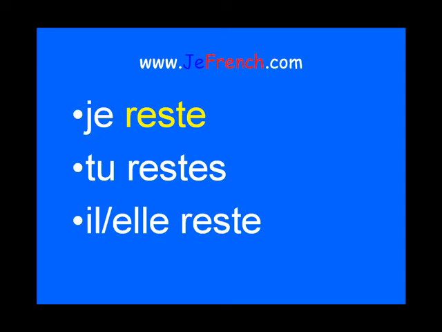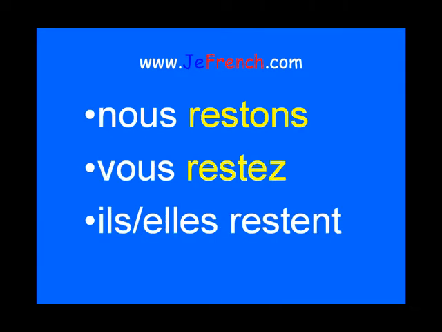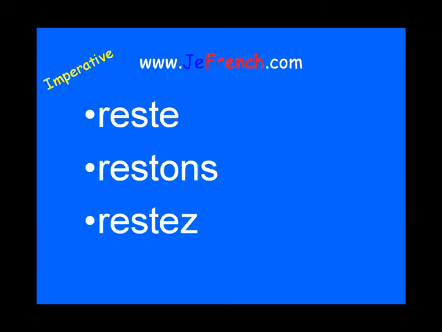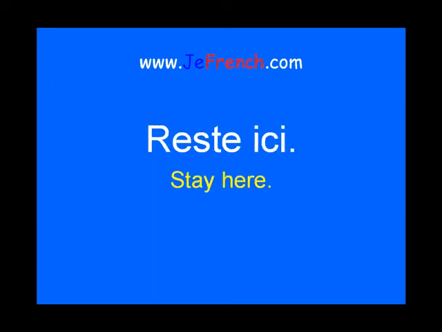So in this example, there's no s at the end here because we're not using the present tense of tu, we're using the present tense of je, so no s at the end. For the nous form, it's exactly the same as in the present tense, and same thing for the vous form. Okay? So reste, restons, restez. And for example, reste ici, stay here.